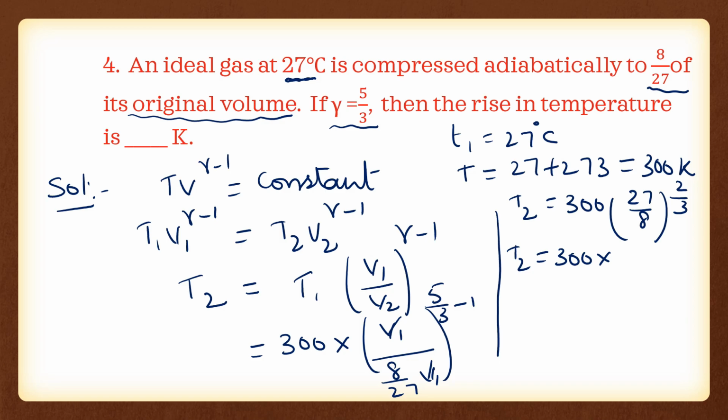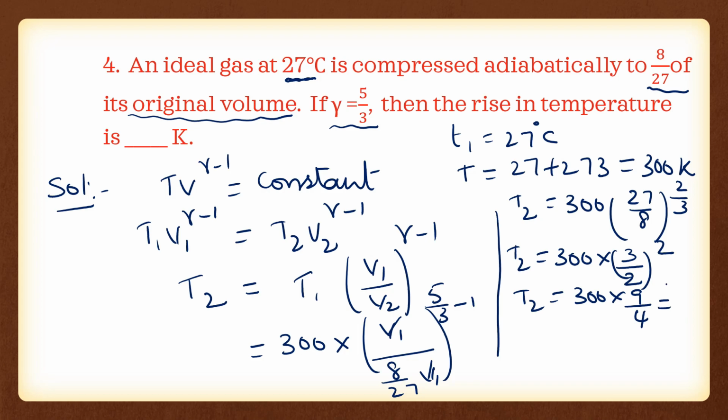So totally we are getting 3 by 2 whole cube, 3 gets cancelled, and lastly we are writing 3 by 2 whole square, so T2 is equal to 300 into 9 by 4.